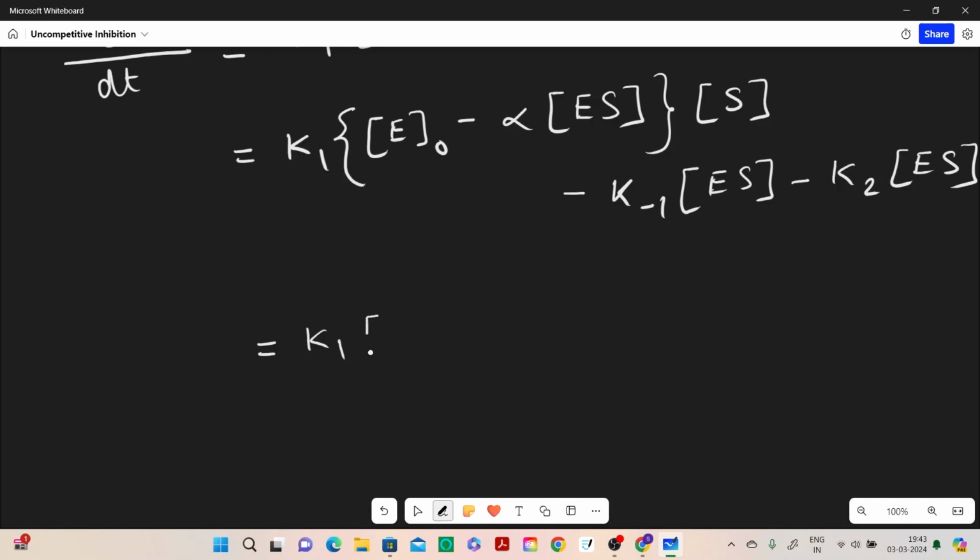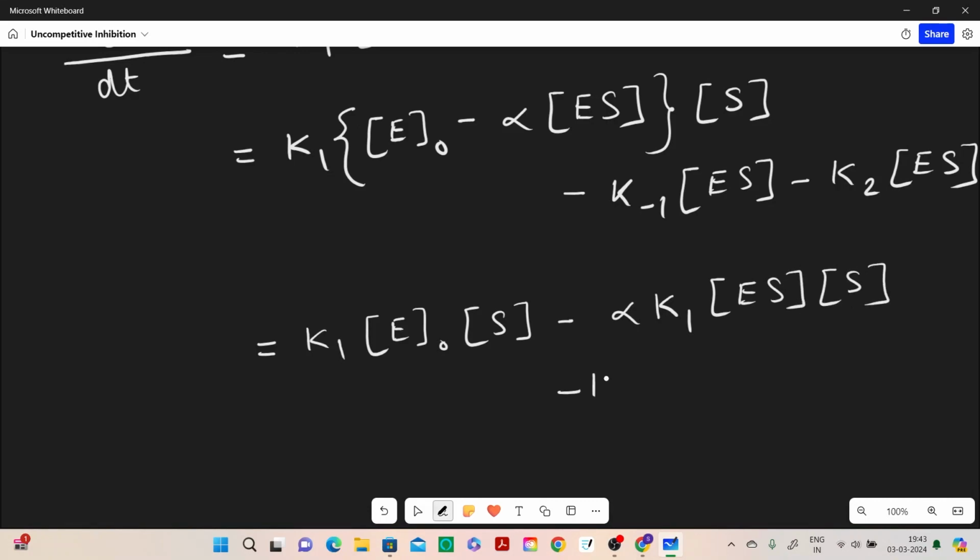K1 E naught S minus alpha K1 ES, minus K minus 1 ES, minus K2 ES.